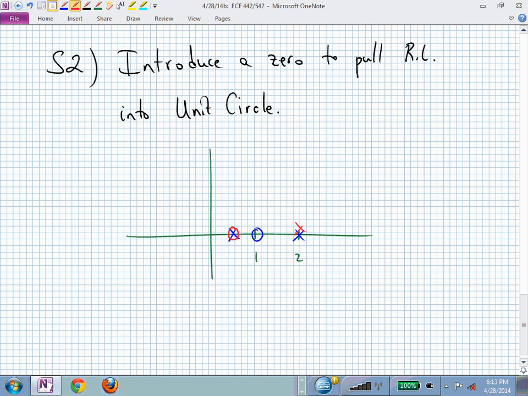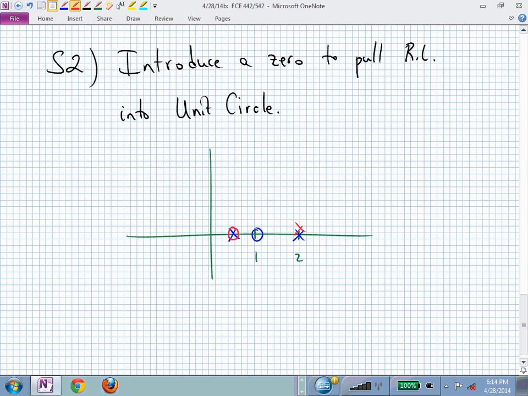Can I do that? I can cancel stable poles and zeros. Typically, you don't want to cancel things that are close to the unit circle because those are right near the stability boundary. So probably don't cancel things too close to the unit circle. But this one is at 1/2, so I'm going to go ahead and cancel that.